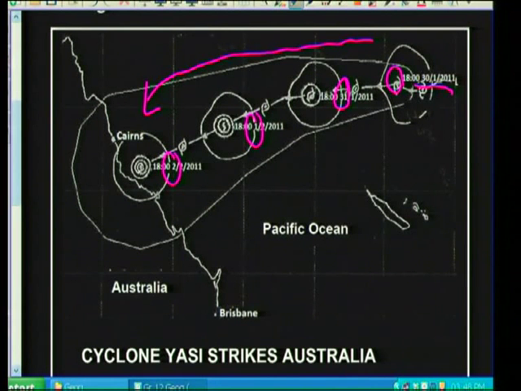We can see which area it's hitting, Australia. So basically, this diagram is showing us the movement and when it hit, not really the impact in terms of the damage. So it's basically dates. And we've got the last piece of information, Cyclone Yasi strikes Australia.